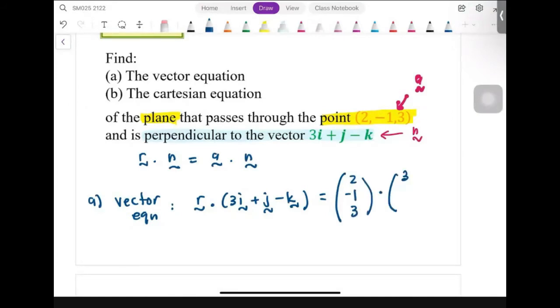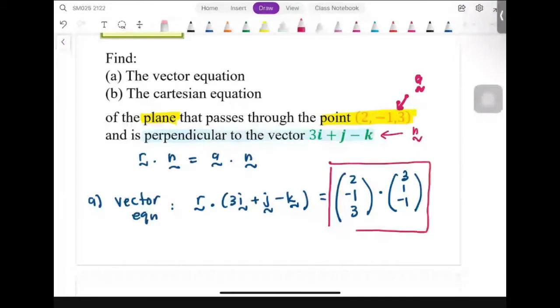So once again 3, 1, negative 1. Okay. So you have to, ni baru kita masuk dalam formula. So you have to settle or perform the dot product on our left side. Yang tu awak kena settlekan. Jangan tinggal macam ni lah. So simplify that up. Finally our answer will be r dot 3i plus j minus k equal to.